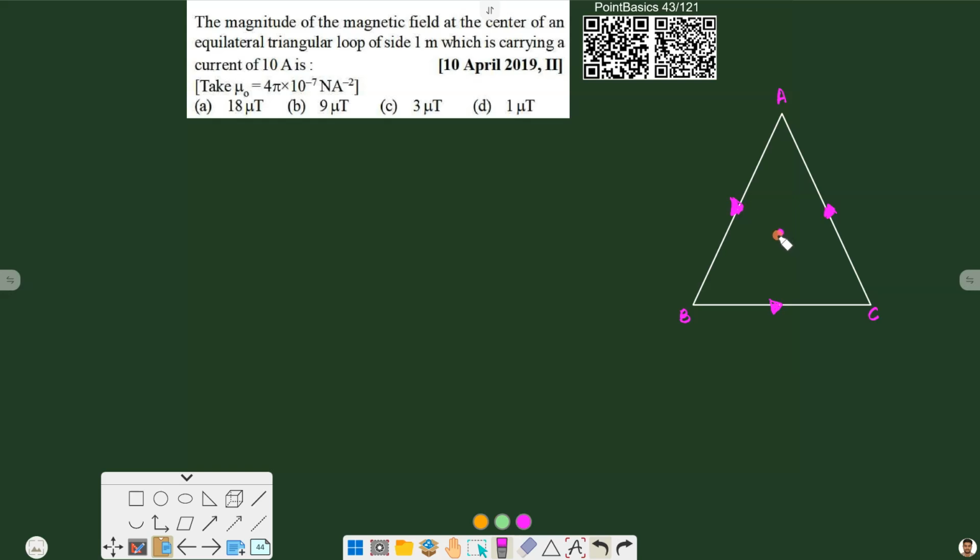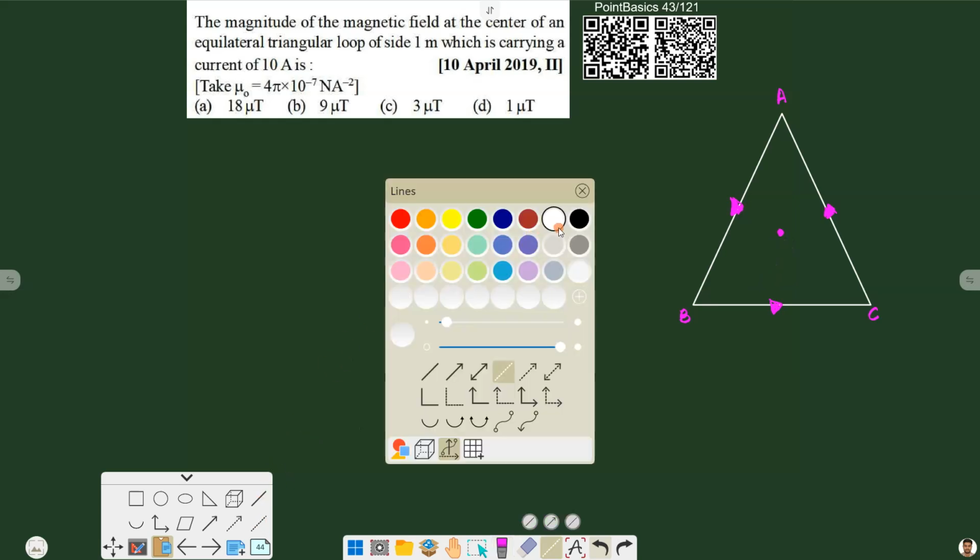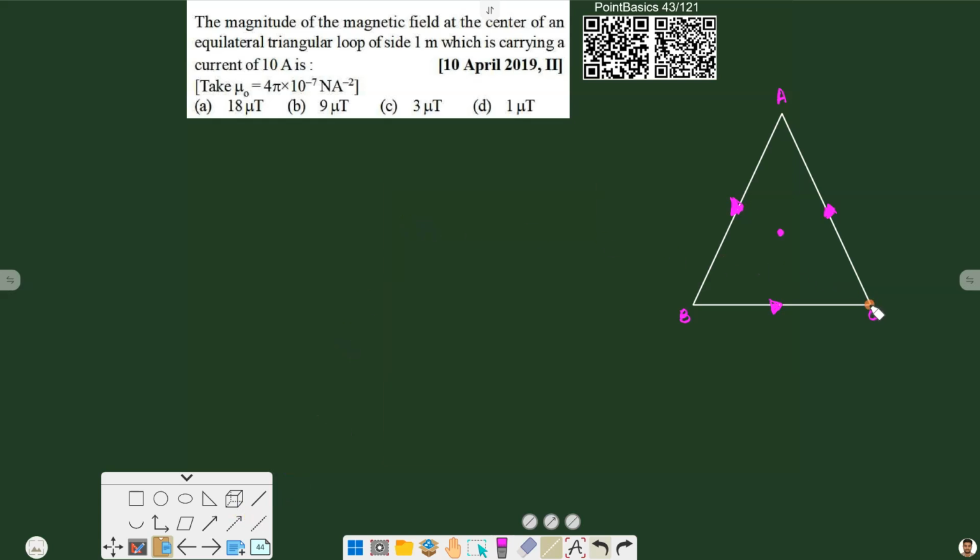And at this center, what do we have? This center has a property that if we pass a line from one of the corners through the center, then this line is first of all the perpendicular bisector of AB, and it also bisects the angle into two equal parts.